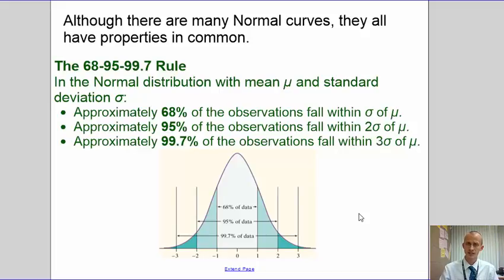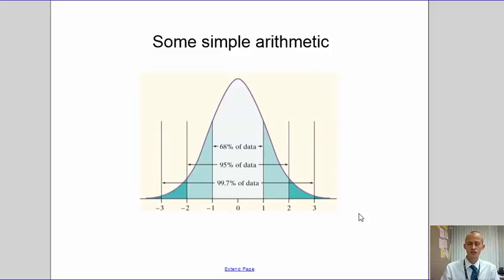When we want to find something at a specific defined boundary, 1 standard deviation away, 2 standard deviations below, 3 standard deviations above, or greater, we can use some simple arithmetic. If this is 68% within 1 standard deviation, we can also look at how much might be in the tail.